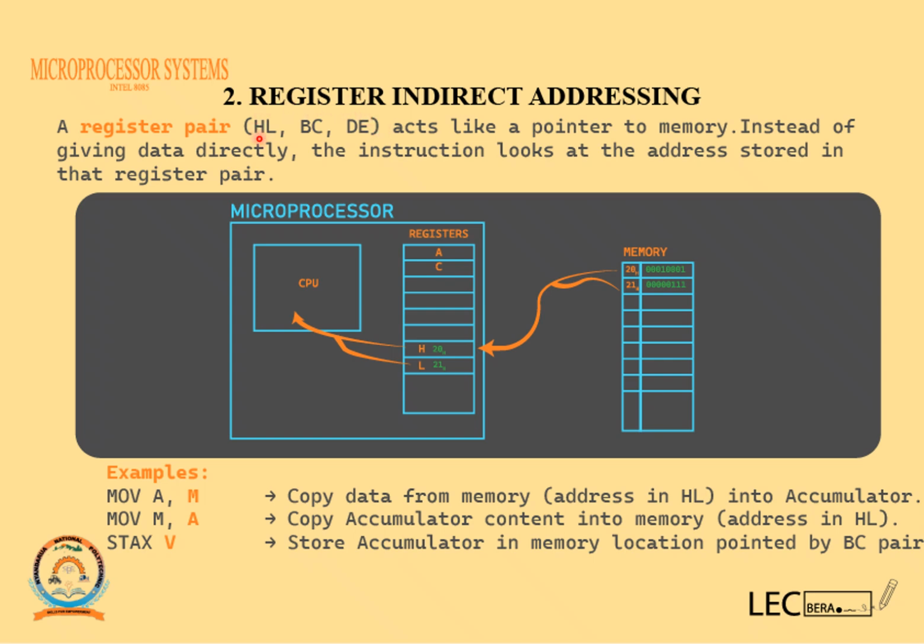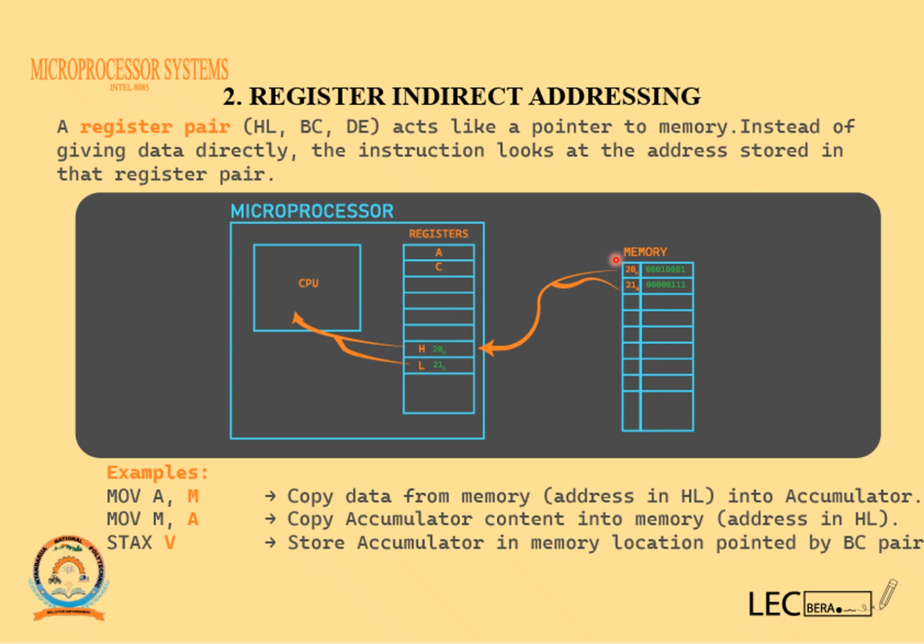It means that you cannot pair A and B, for example, and you cannot pair H and D. So you can only pair HL, BC, or DE. And if you look at these letters, you'll see they are following each other. H being the upper one, L being the lower, B being the upper, C being the lower, D the same thing, and E. So now let us continue with this example.